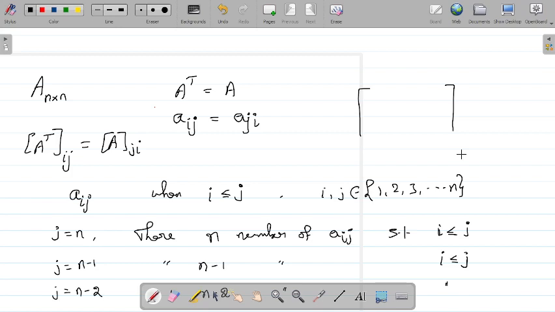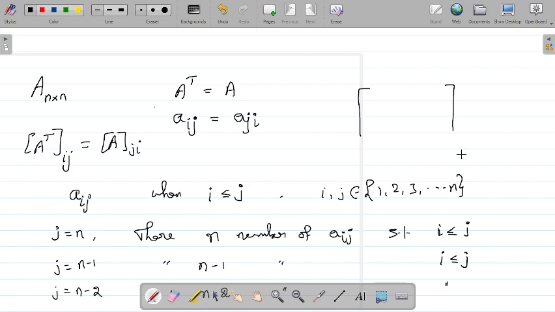Next, when j equal to n minus 1, the last but one column, it means you're just excluding one element and you're taking the rest, n minus 2. And similarly the next. Similarly here, when it comes to 1, there is only one element, next 2 elements, next 3 elements, this way.